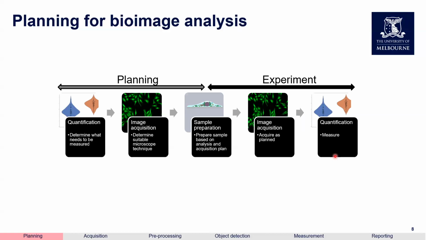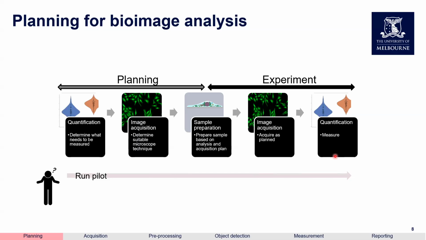Sometimes we may not know what kind of feature we need to measure because the actual biology may be unknown. And this is exactly why we're doing science and research, right? Also, even if we know what to measure based on previous studies, the actual observation may require different measurements.